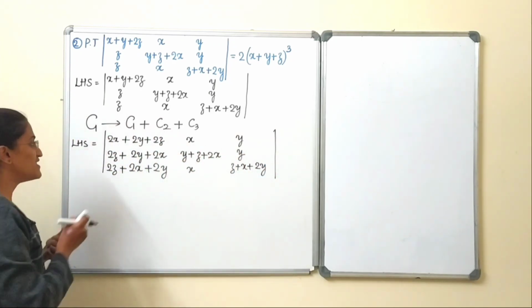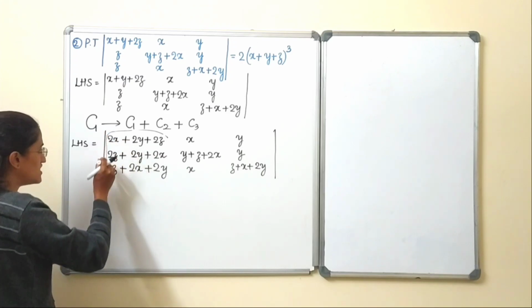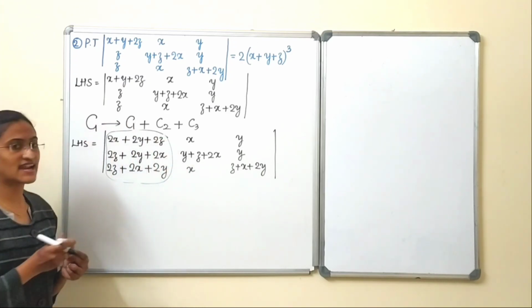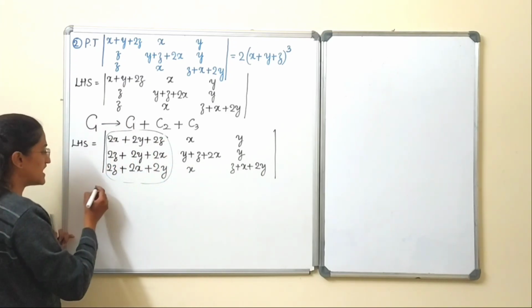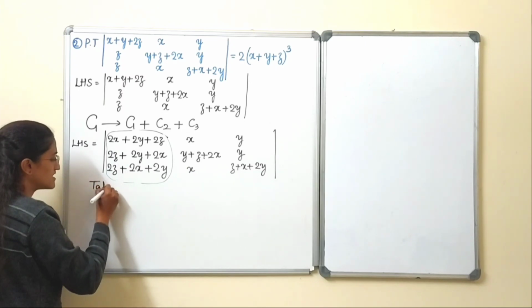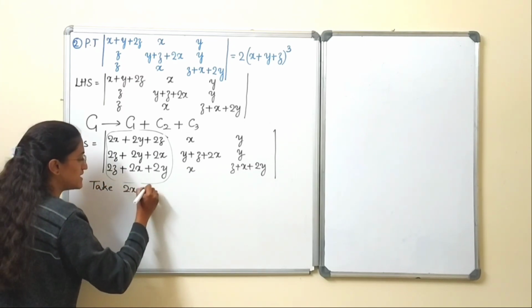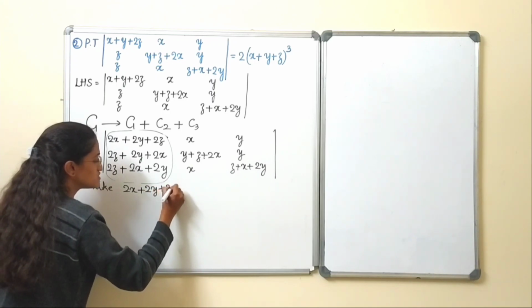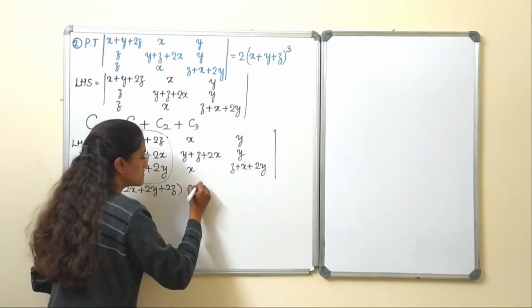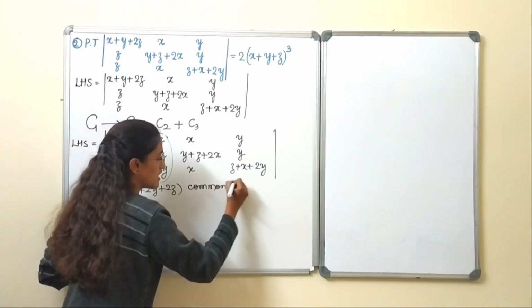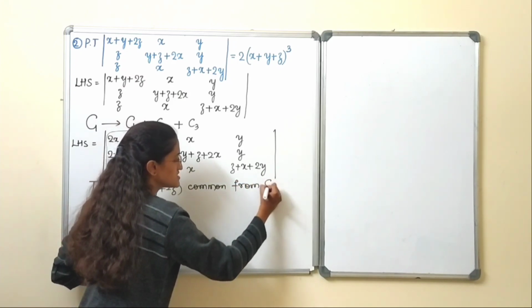Now you can see that in the first column all the elements are identical, and hence I can take 2x plus 2y plus 2z common from the first column.